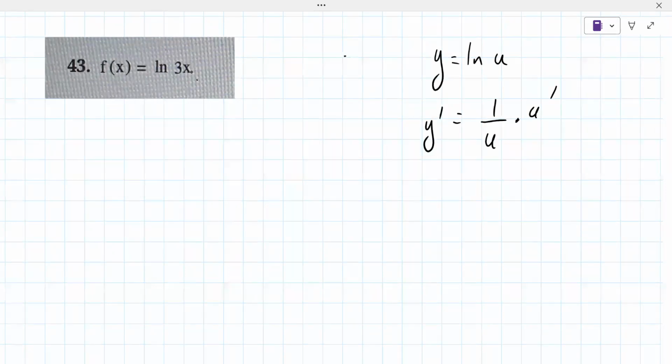This is the chain rule. So the derivative of this, f prime of x, is 1 over 3x times 3, which is 1 over x.